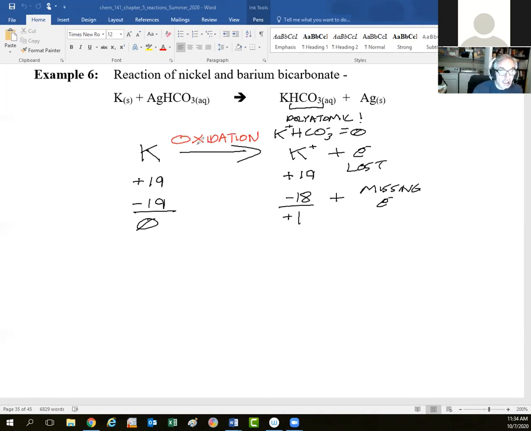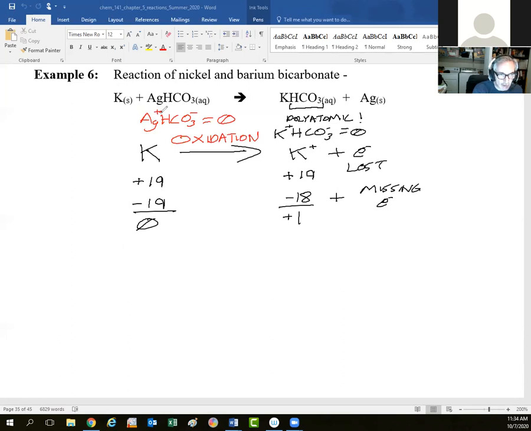On the other hand, with the silver, part of silver hydrogen carbonate, just like we did with the potassium, it's an ionic compound which collectively must cancel to 0, so that -1 charge of the hydrogen carbonate is countered by the +1 charge of the silver.